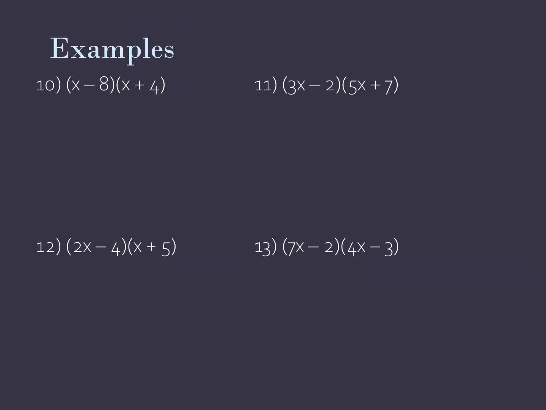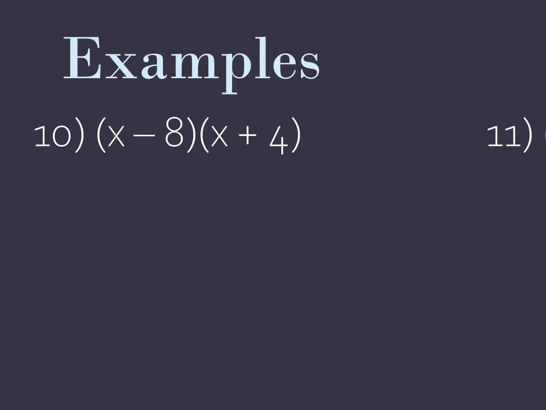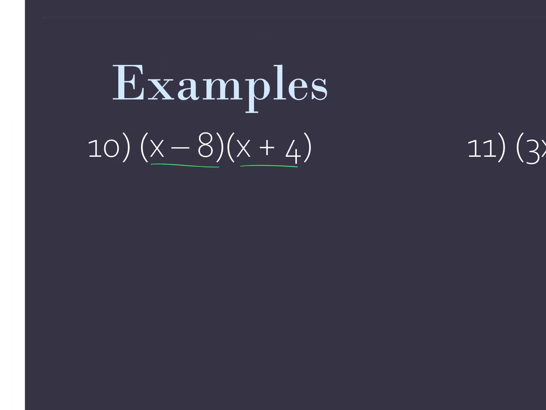All right, let's try some of these. Again, I'm not going to spend too much time here just because they get pretty repetitive. I'll do 10 and 13. Okay, so what's different about these? It's how many terms times how many terms? 2 terms times 2 terms, right? Good. So this is where we FOIL, right? We do our first times our first. X times x is what? X squared. X times 4 is what? 4x.